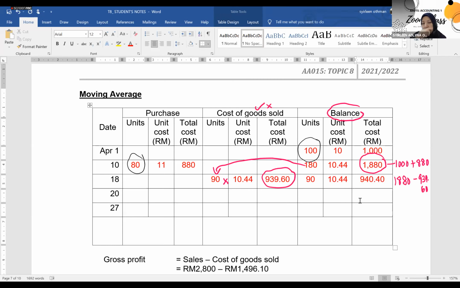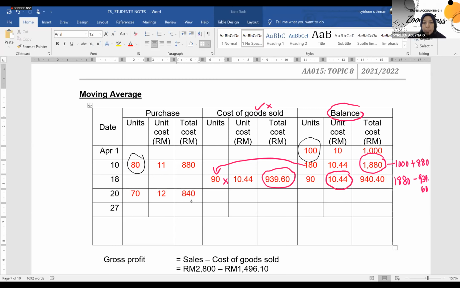Okay, alright, so on the 20th kita beli, so you bought 70 units, okay, with the cost price of 12 ringgit each, so the total cost is 840. So bila ada new purchase, RM10.44 ni akan berubah lah.